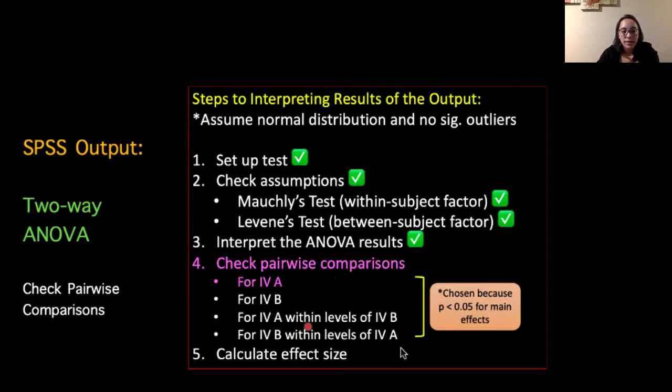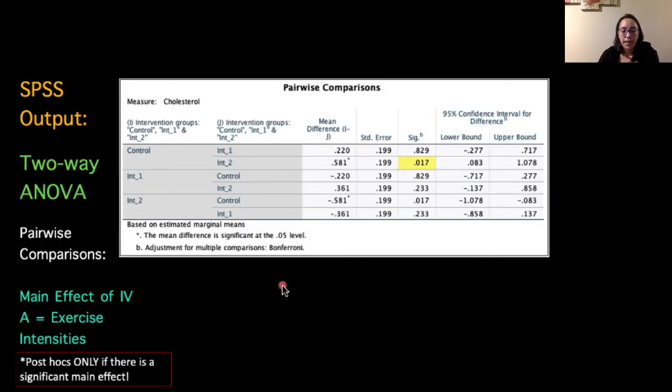So this is the list of pairwise comparisons or post hoc tests that we need to check based on the significant main effects that we reported. For my exercise intensities measurement, I'm looking at the control group or my sedentary zero intensity group compared to low intensity and high intensity.